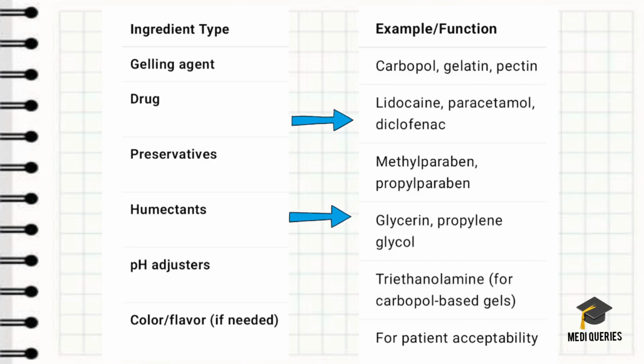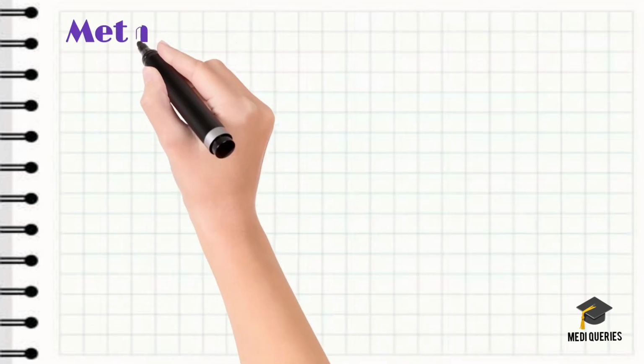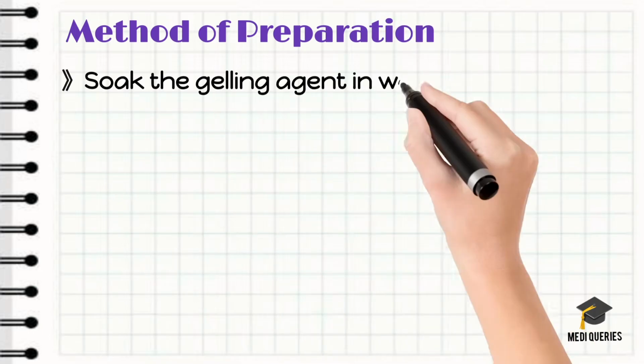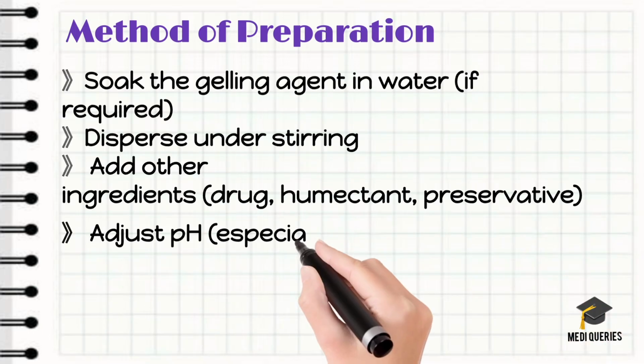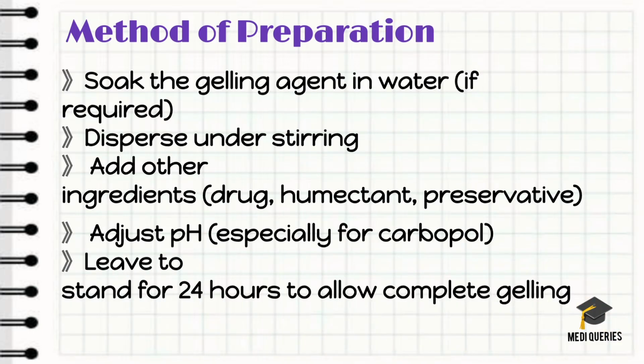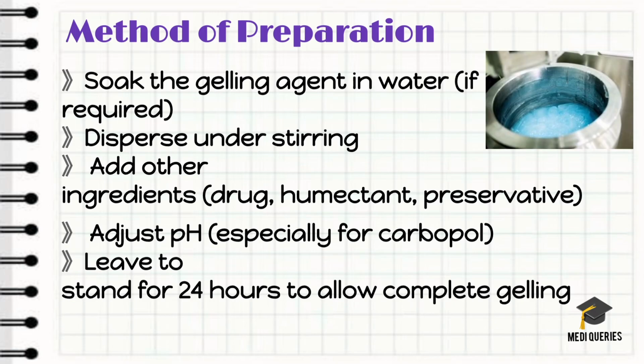And next one is the method of formulation. The process of preparing a jelly begins with hydrating the gelling agent first. Depending upon the polymers used, this step may involve dispersing the gelling agent in cold or hot water, often under conditions like continuous stirring to avoid clumping.